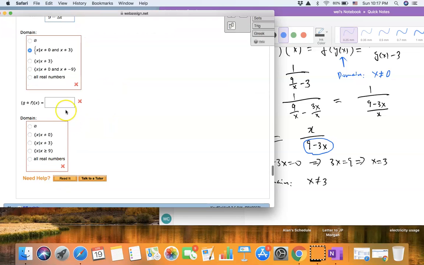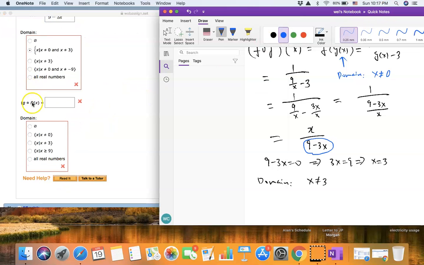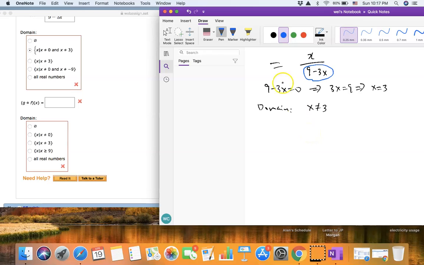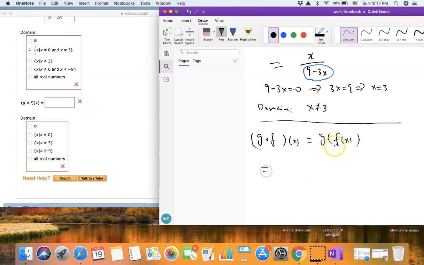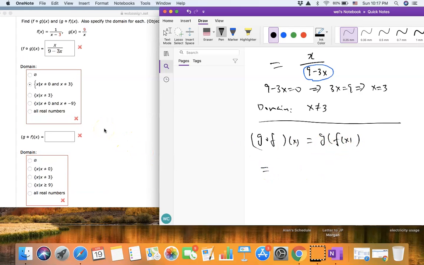Okay. Let's do this one. g of f of x. g of f of x will be 9 over f of x, which is 9 over 1 over x minus 3.